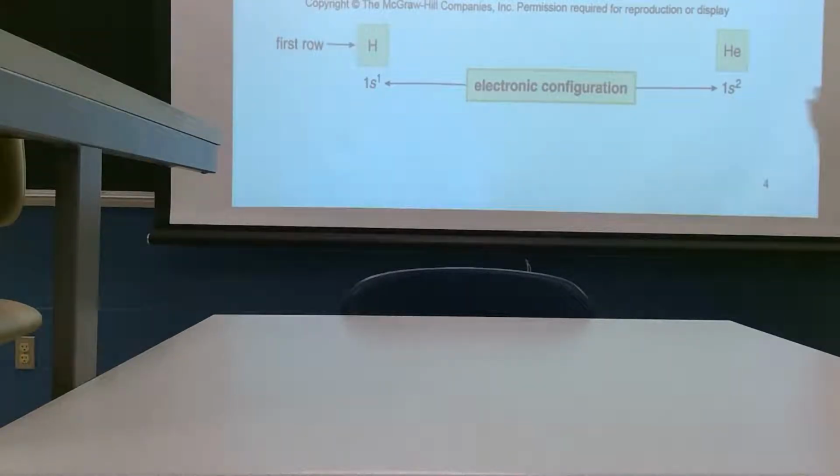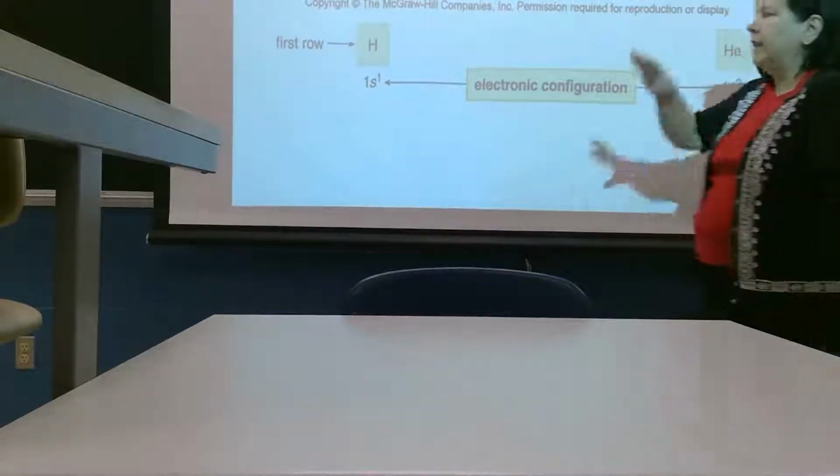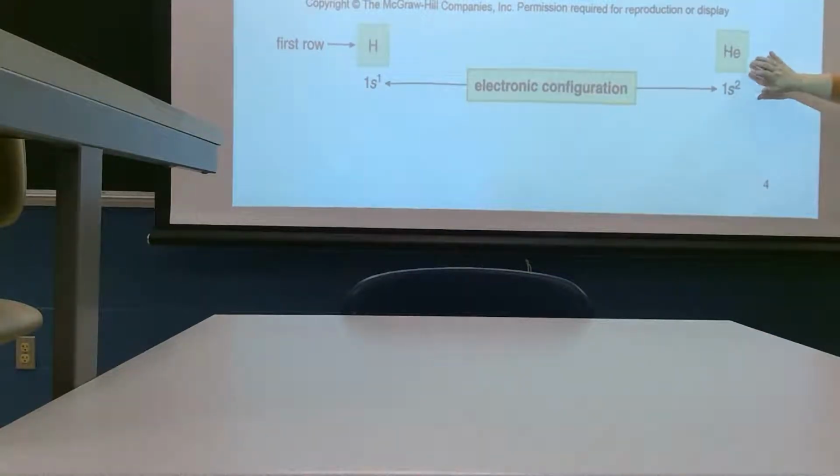So hydrogen will have 1 in the first row and a noble gas maximum 2. You already know this. We're reviewing your general chemistry, what will be needed in organic.